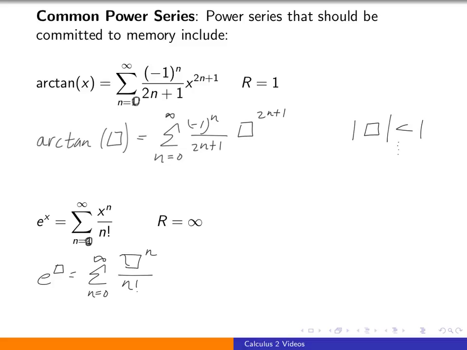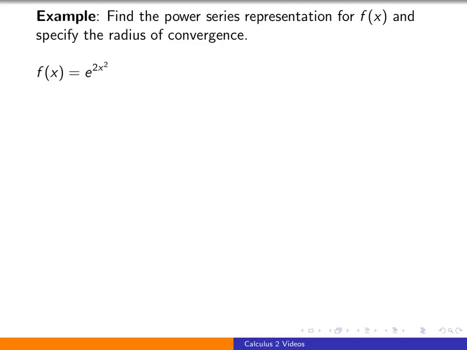And let's see how we can use these to write down one of these more general power series. So let's determine a power series representation for the function e raised to the power 2x squared. So as we mentioned moments ago, the power series representation of e to the something will be the sum from n equals 0 to infinity of that something to the n over n factorial, and the radius of convergence is infinity.